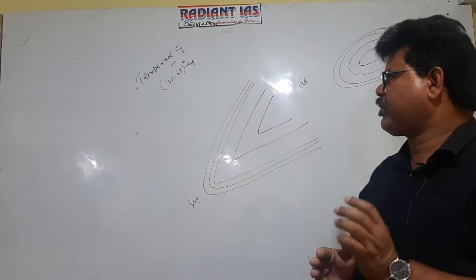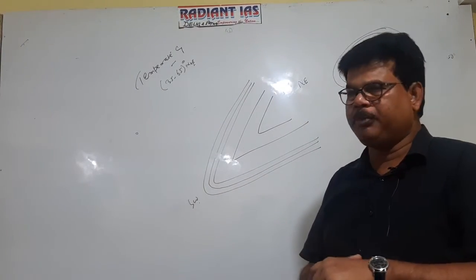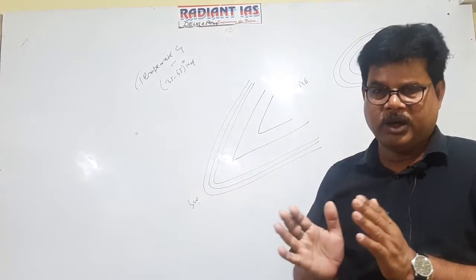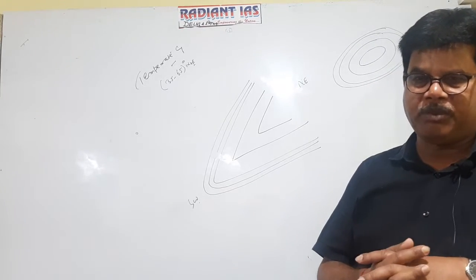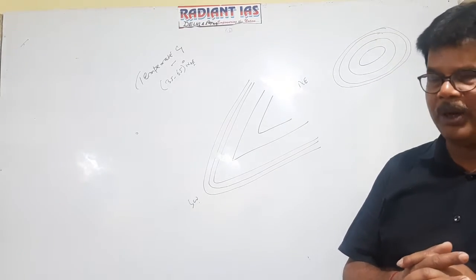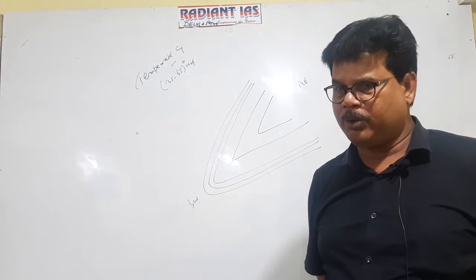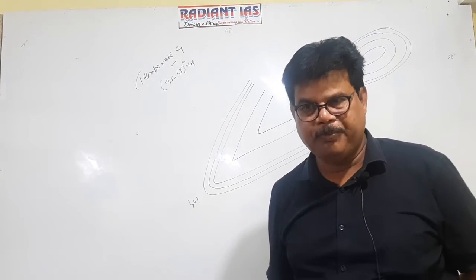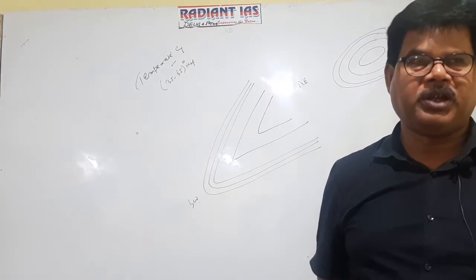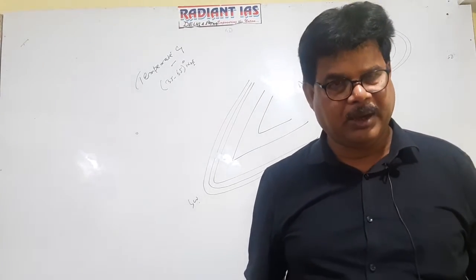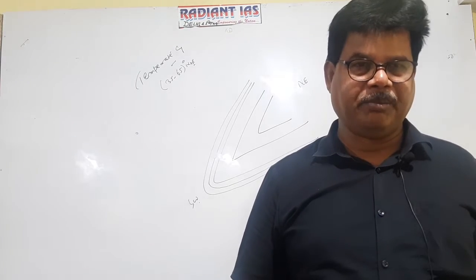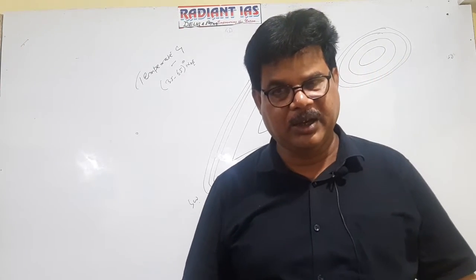Also, the pressure gradient between the center and the peripheral region in tropical cyclone is more as compared to that of temperate cyclone. That's why the velocity of tropical cyclone is more as compared to that of temperate cyclone. The low pressure in case of tropical cyclone is thermally induced, whereas in temperate cyclone it is dynamically induced.